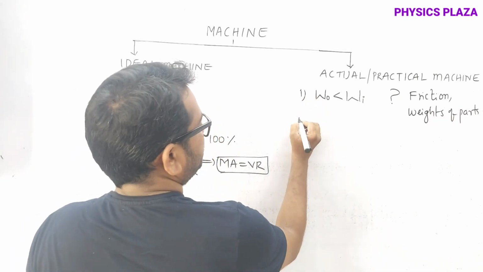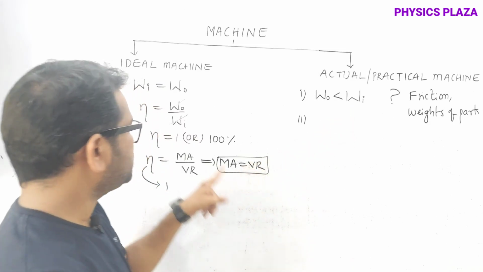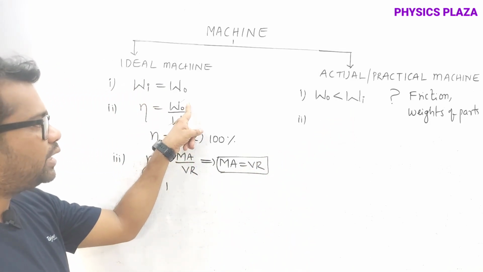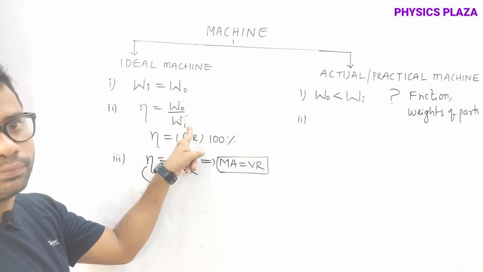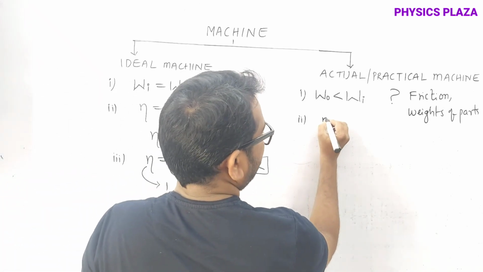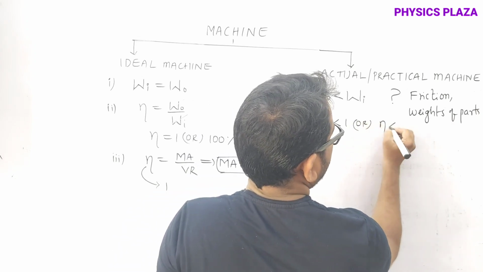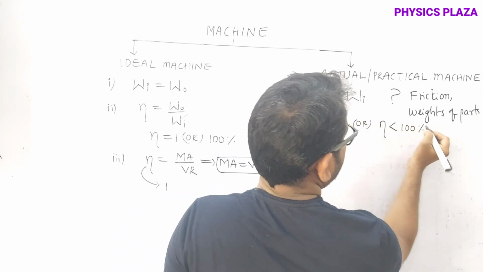Okay, fine, children. As work output is always less than the work input, the numerator is always less than the denominator. Then obviously efficiency is less than 1 or efficiency is less than 100%.